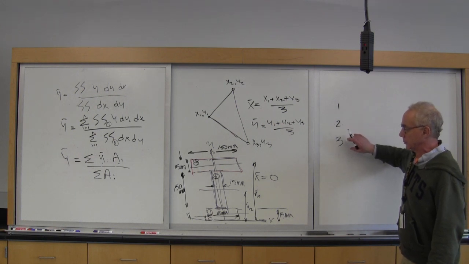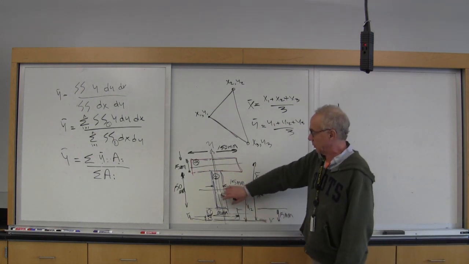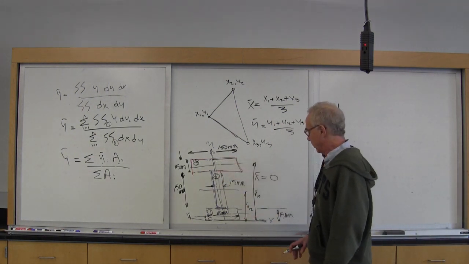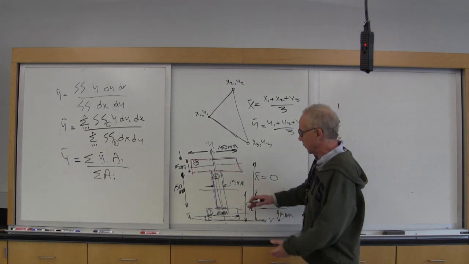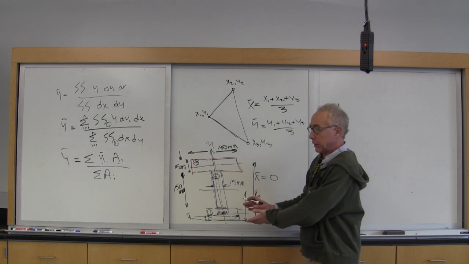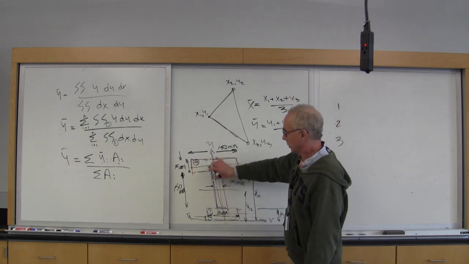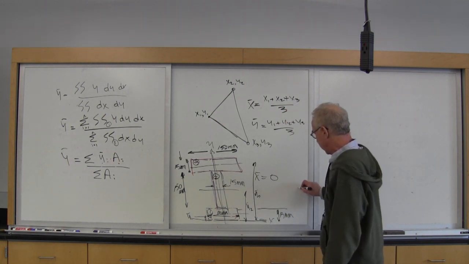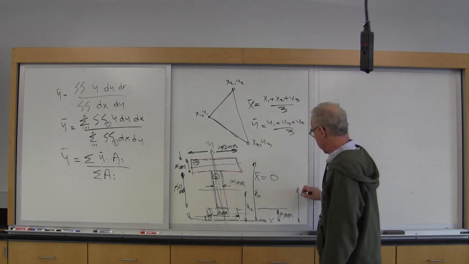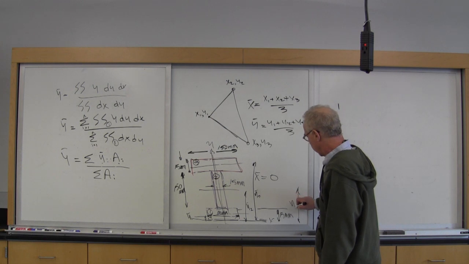And we're going to measure the centroid from the bottom. So we want the overall centroid of the entire area as opposed to the centroids of the individual pieces. I'm going to put that over here. We don't know exactly how high it goes, but it's somewhere here.